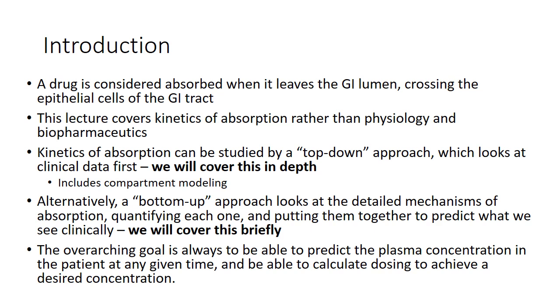Can we still make a prediction about the plasma concentration? And that's the main point. And the reason why it's important is because it helps in choosing the dose that they're going to use in a clinical study, for example, a clinical trial, things like that.